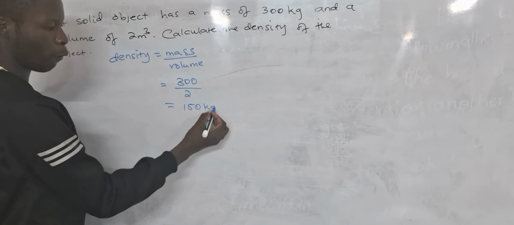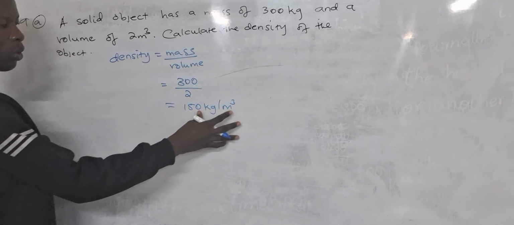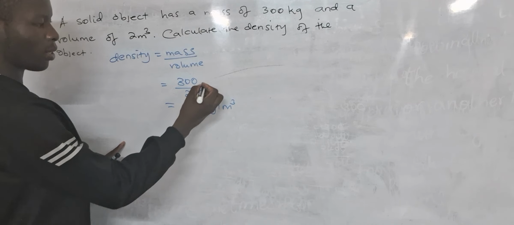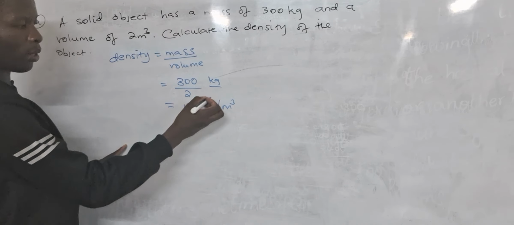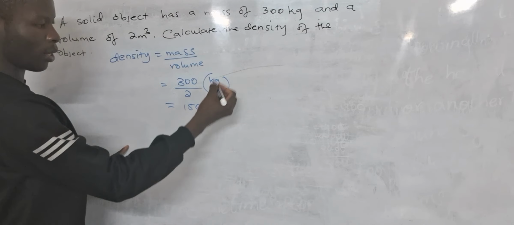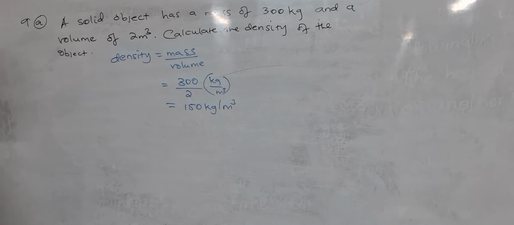This is 150 kilogram per cubic meter. The units are important. This mass is in kilogram divided by this is in cubic meters. That's why I'm giving my answer as 150 kilogram per cubic meter. So this is the density of the solid object.